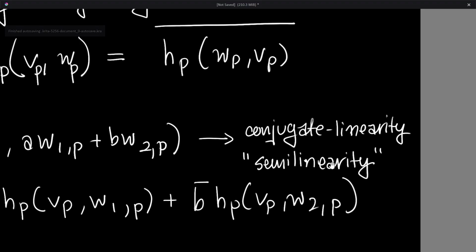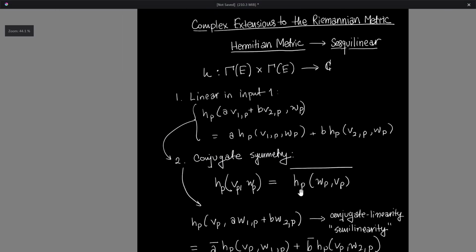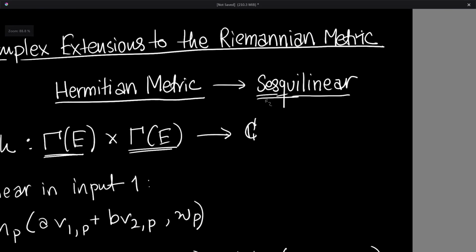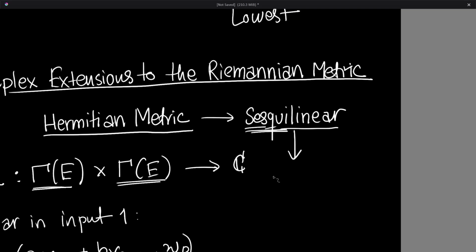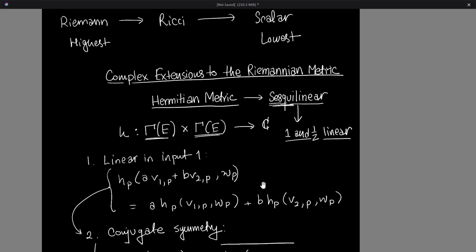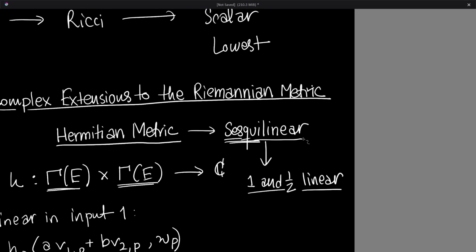So you have one input that is linear and one input that is half linear, and in fact, sesqui is a Latin prefix that means 1.5. So what it's really saying is that the Hermitian metric is 1.5 linear, which doesn't make any literal sense, but I love that's how they named it. So the Hermitian metric, instead of being a bilinear form, is called a sesquilinear form.